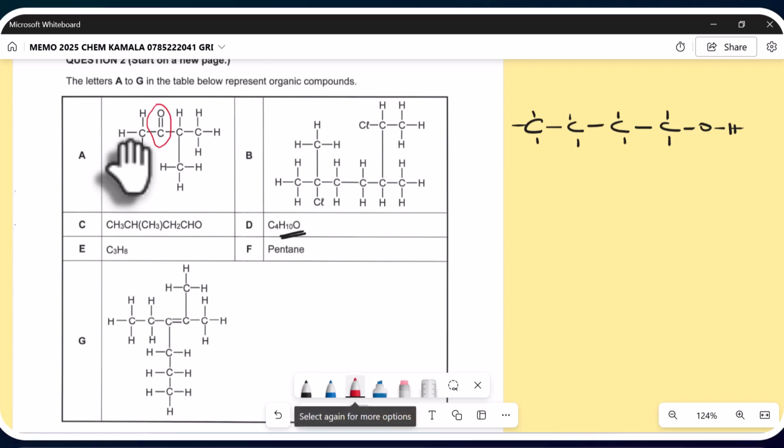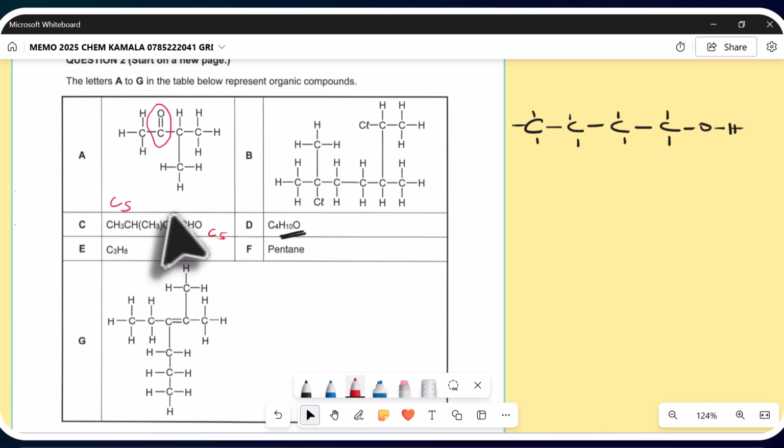That's for part C. How many carbons are there? 1, 2, 3, 4, 5. So there are also 5 carbons. Because of the ketone and the aldehyde, the answer must be A and C. So A and C are the functional isomers in this case. So for 2.1.2, we have A and C.